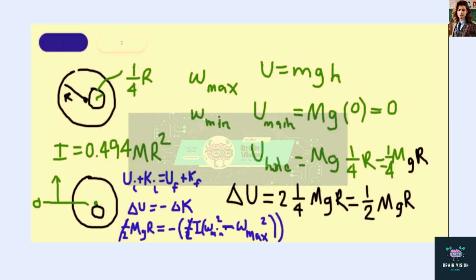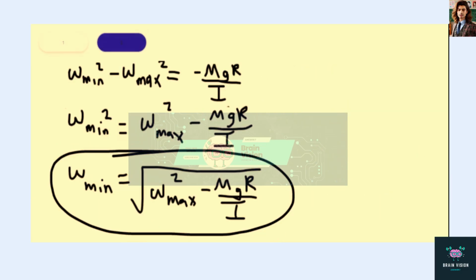So that's a difference of half, so 1/2 mgr. Good. Then I wrote that 1/2 mgr is going to be negative the change in 1/2 I omega squared. That looks good. So I believe that this is good.